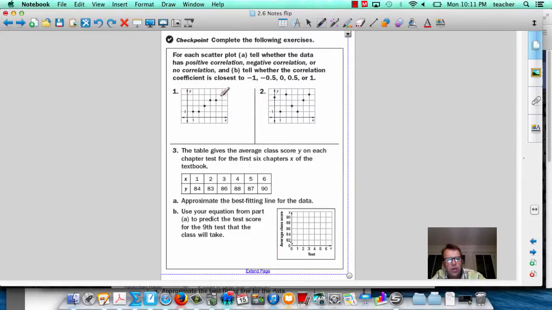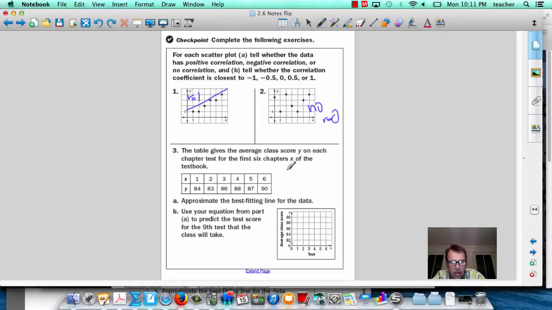So finish up, I think you should find positive correlation for 1, and I would say that the R value here is 1. And then for problem 2, actually, we don't see any. Of our choices, definitely not positive correlation, not negative, so we're going to have to choose no correlation here. And that would give you an R value of 0.